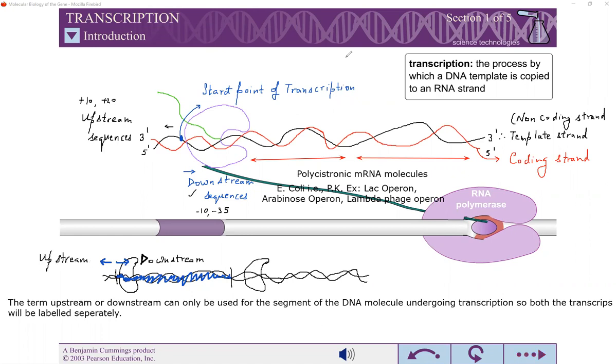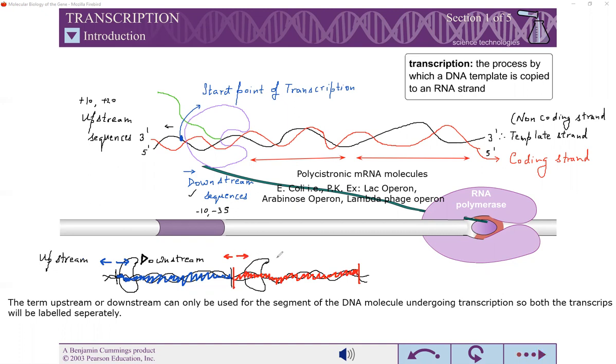Now for the other gene that I am going to take with another color, supposedly red. If this is another gene that has been started here, and I'm assuming that it is going to be terminated here, then all the sequences before this point will be called upstream.